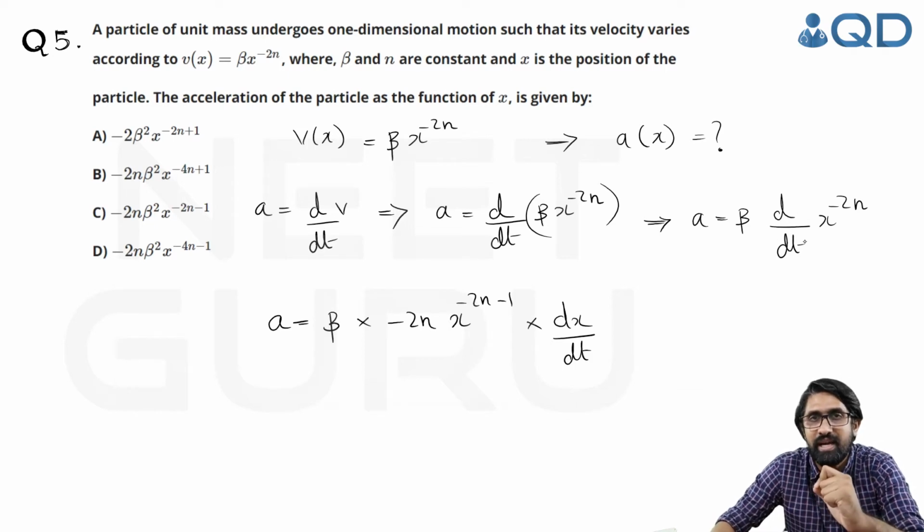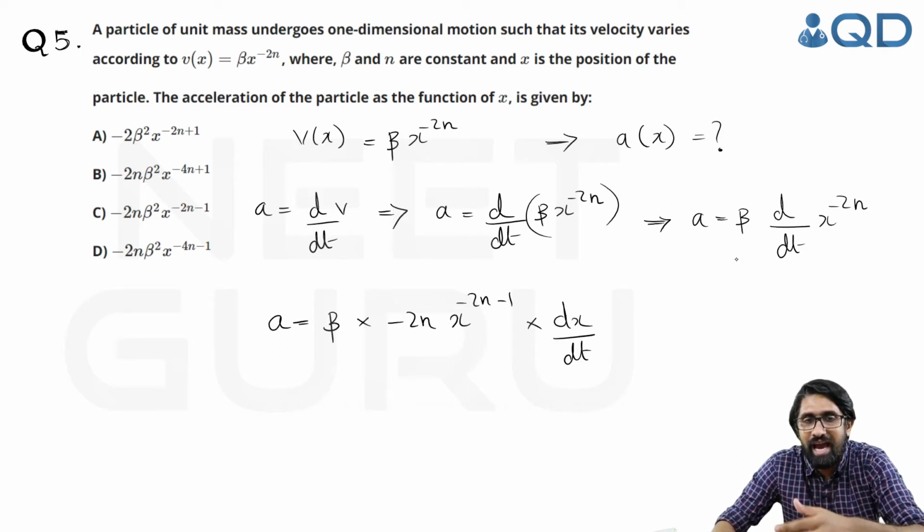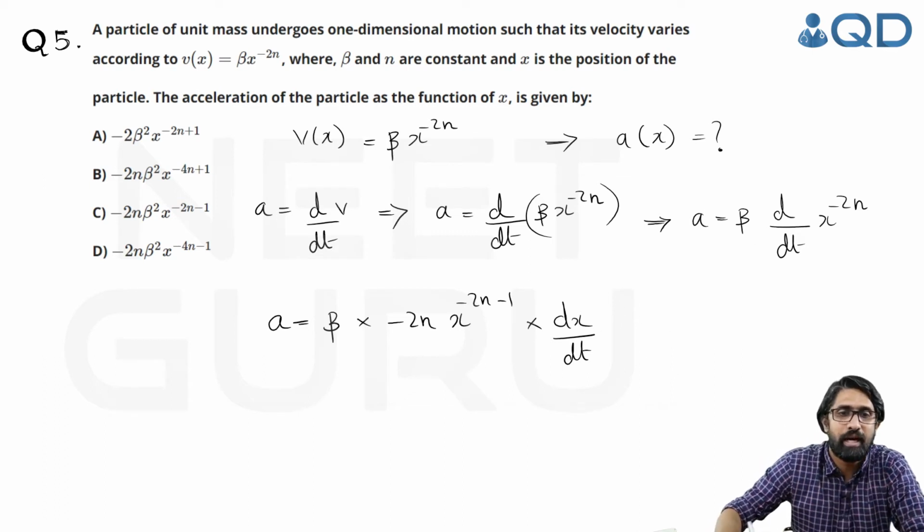When I take d by dt of x raised to minus 2n, I'm taking the derivative of something raised to minus 2n with respect to time. And that is minus 2n multiplied with something raised to minus 2n minus 1, and that multiplied by d by dt of something, because this x here is again a function of time. So we'll have to finally take the derivative of that x with respect to time to complete the differentiation. That is chain rule here.